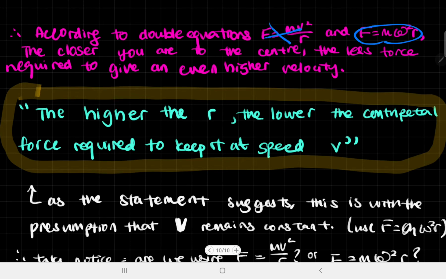However, the alternative is true when we're talking about this equation and not this one. So as I said, it's very much dependent on which variable you want to fix. Look at the equation that you are using in that question or situation, because whatever is missing from that equation is going to be the fixed variable.